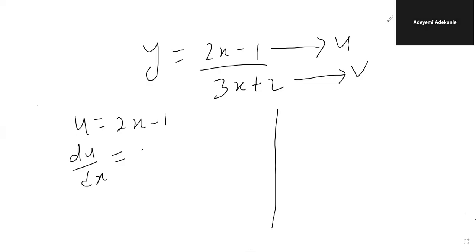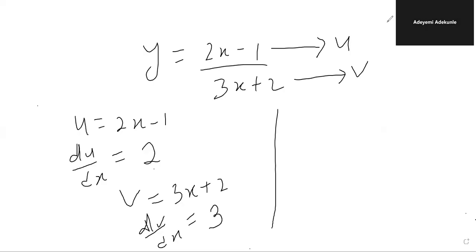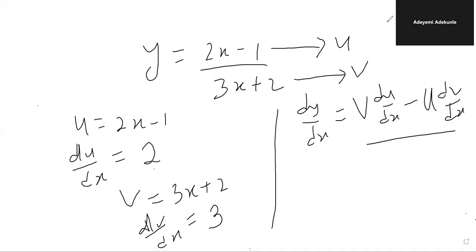Differentiate 2x minus 1, that will be 2. Differentiate 2x, 2. Differentiate the constant, 0. Then if v equals 3x plus 2, my dv/dx will be 3. Now, following the formula, dy/dx is v du/dx minus u dv/dx over v squared.